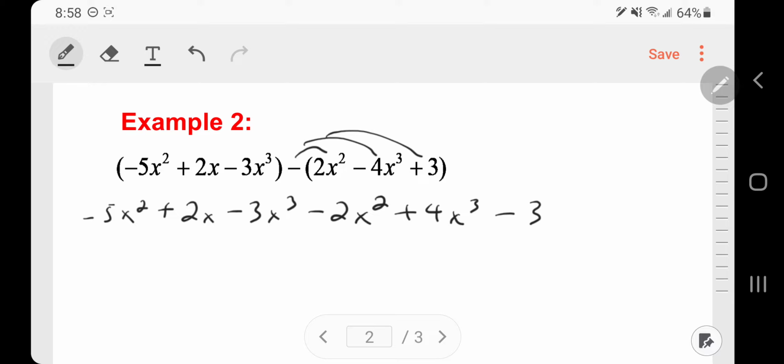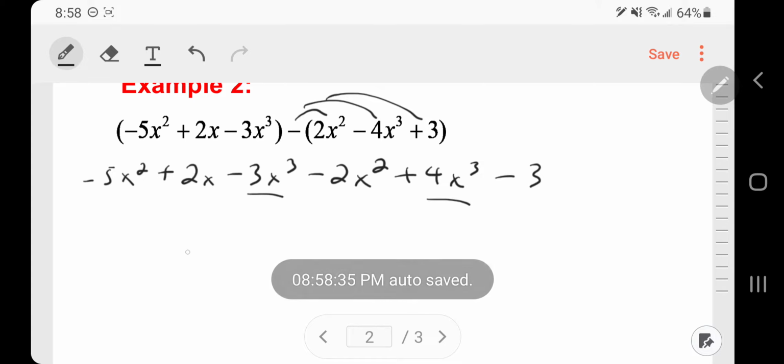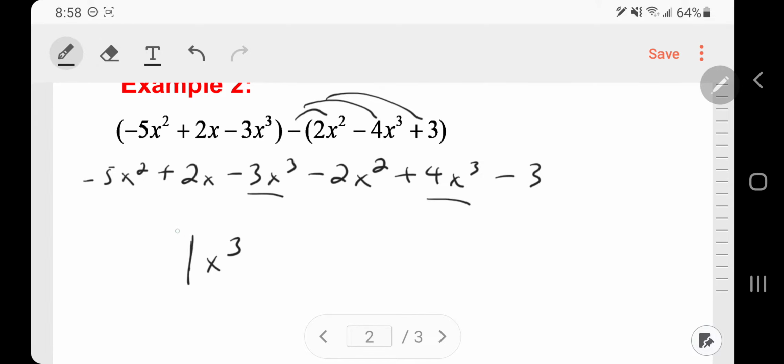Okay, from here, just like our first question, we're combining our like terms. So let's see, I have a couple of things I can do here. I have my cubes, so 4x cubed and negative 3x cubed is going to give me 1x cubed, or really just an x cubed. I also have negative 5x squared minus 2x squared. That's going to give me a negative 7x squared.